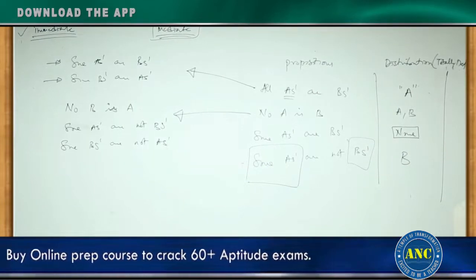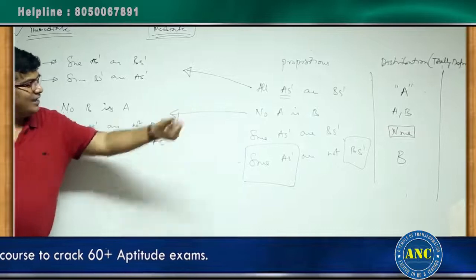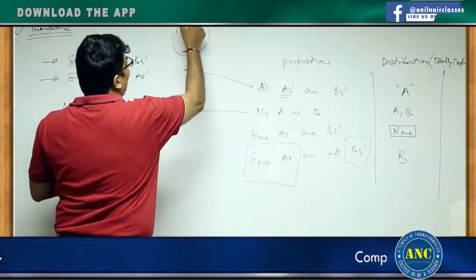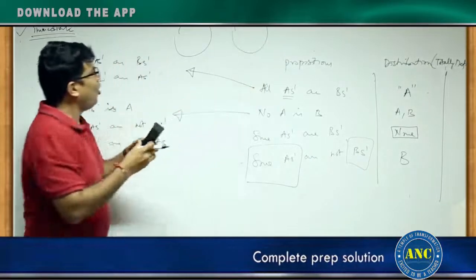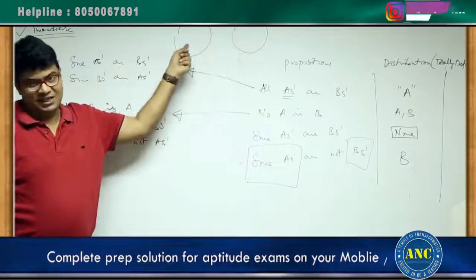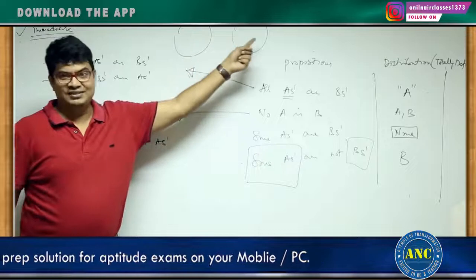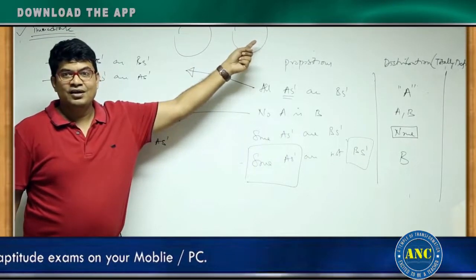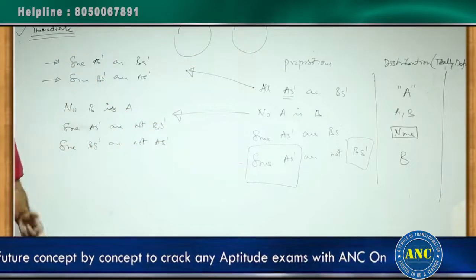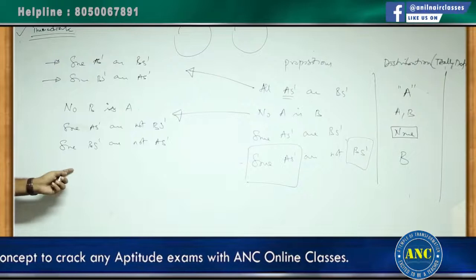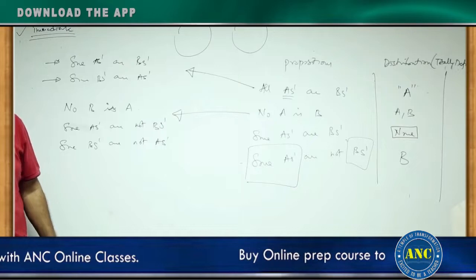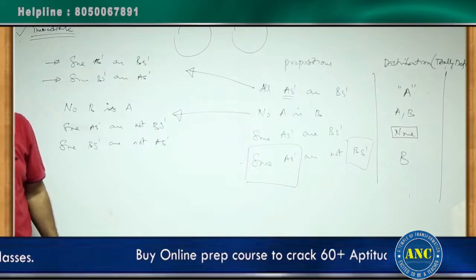No A is B. So you have your no A is B or all A's are not B's. So all A's are not B's. Therefore I can say all B's are not A's. Makes sense? Some A's are not B's. Makes sense. Some B's are not A's. Yes.